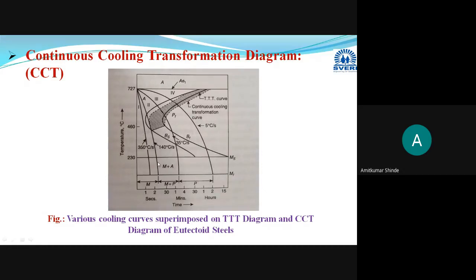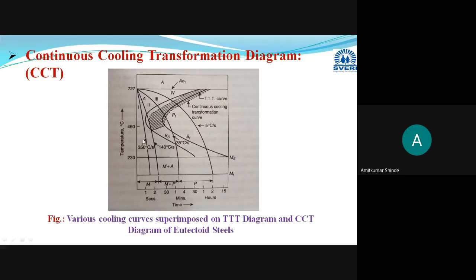This is the critical cooling rate. Then I have taken two slower cooling rates, with values in degrees Celsius per second. These are the different cooling rates. Now I will explain it.